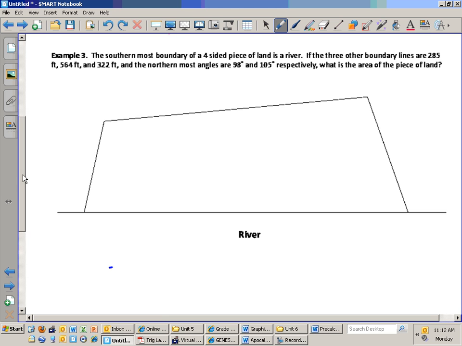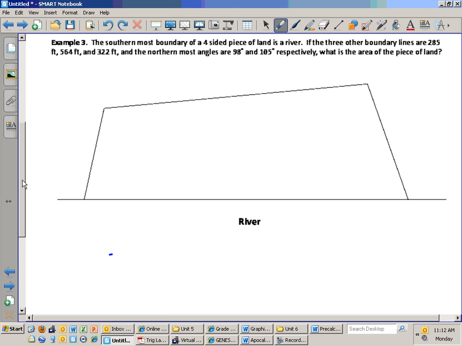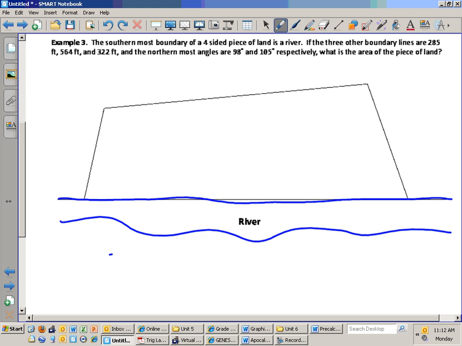It says the southernmost boundary of a four-sided piece of land is a river. So I have a river right here. Notice the word river. Part of the side is straight, the other is not. I will draw a little fish. Here are my fishies.